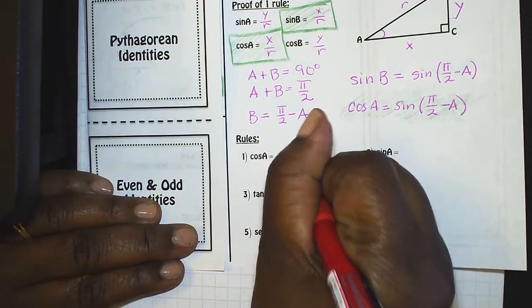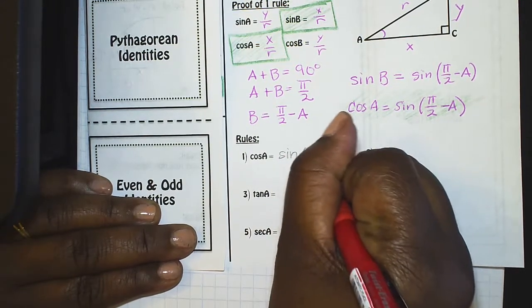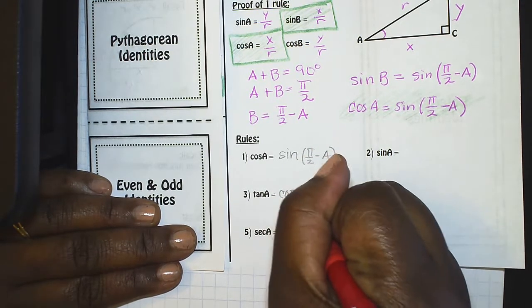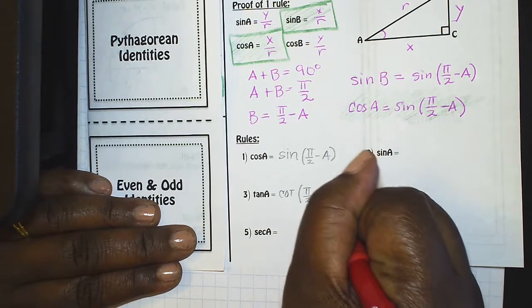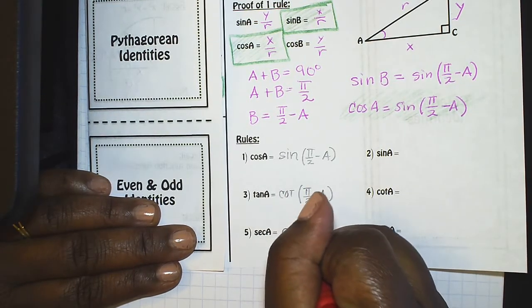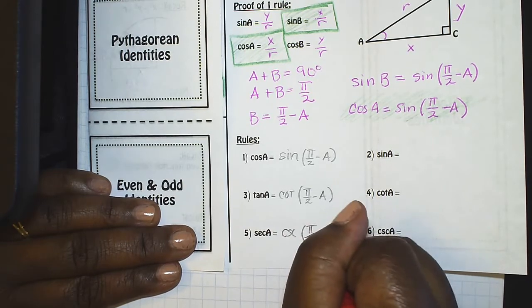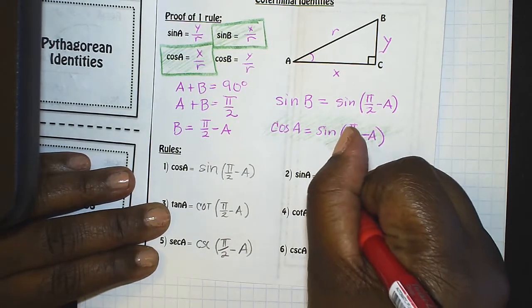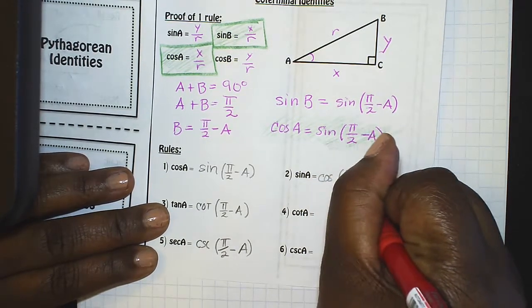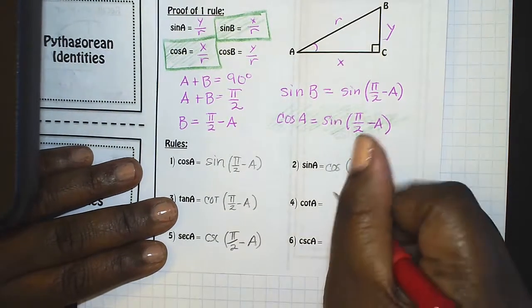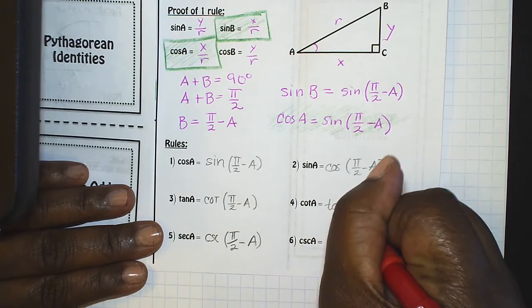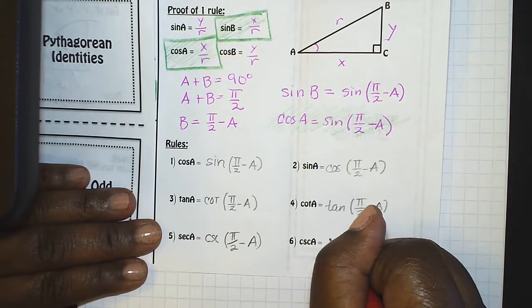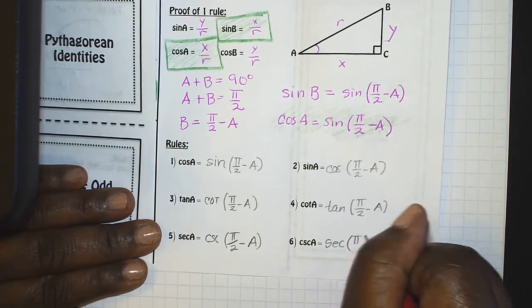Cosine of A is the same as sine of pi over 2 minus A. Tangent of A will be cotangent of pi over 2 minus A. Secant will be the cosecant of pi over 2 minus A. The sine will be the cosine of pi over 2 minus A. The cotangent will be the tangent of pi over 2 minus A. And the cosecant will be the secant of pi over 2 minus A.